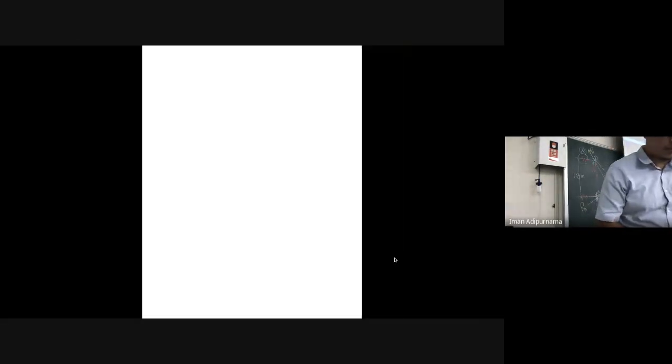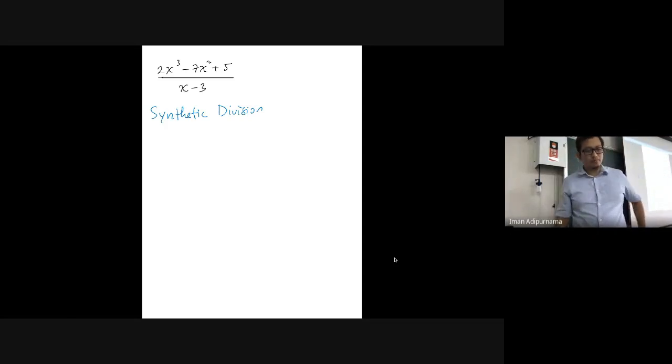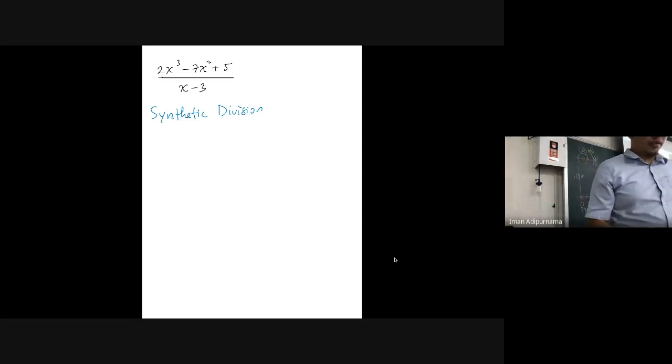With the same example here, I will go with what is called synthetic division. So how will you do synthetic division? First, you write in order of the degree.